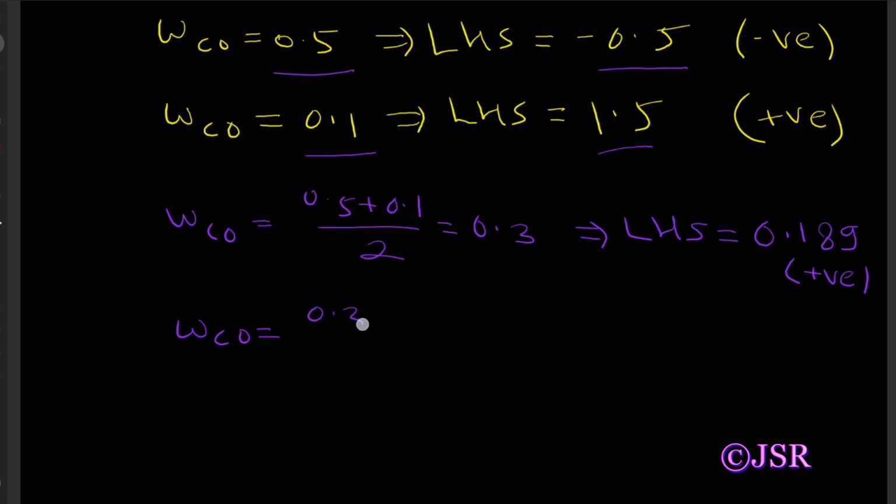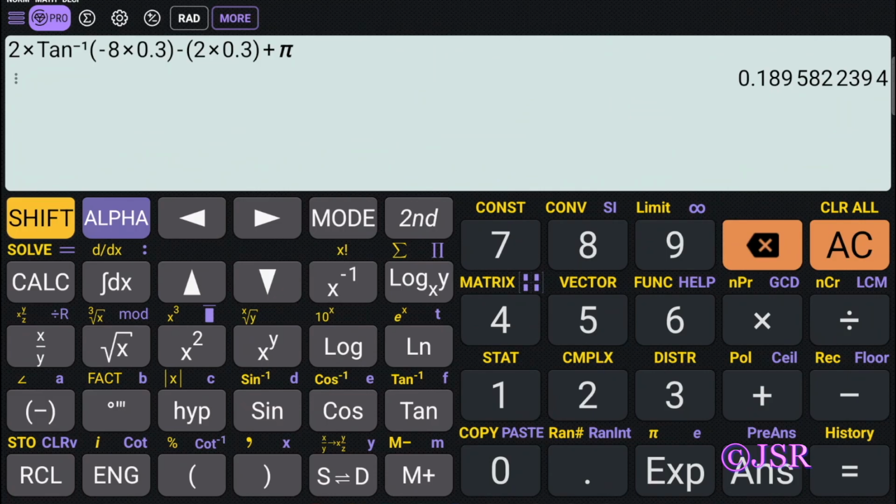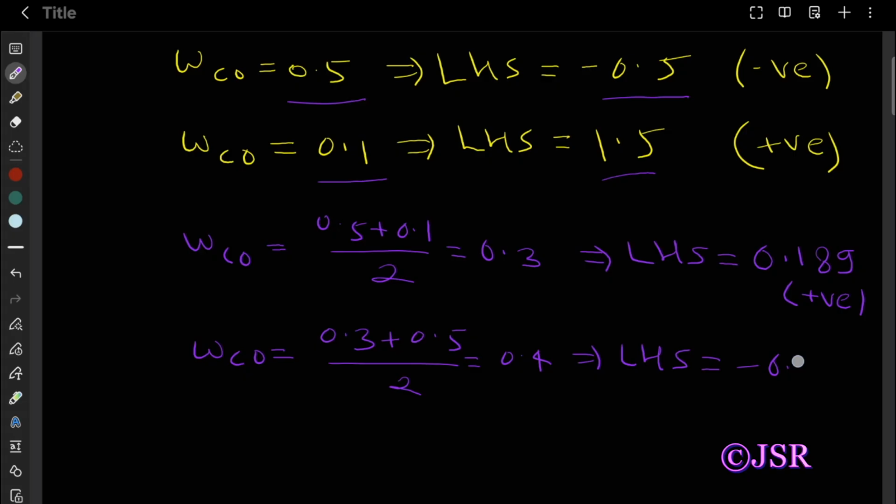So the root will lie between 0.3 and 0.5. So let's say the crossover frequency is 0.4, and at 0.4 let's find out the function value.